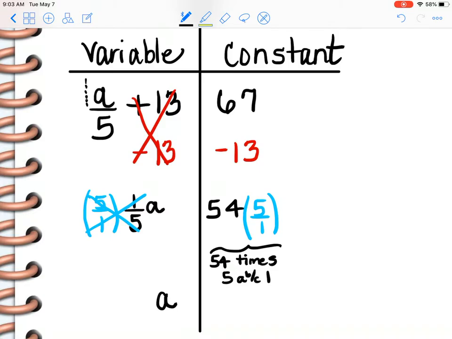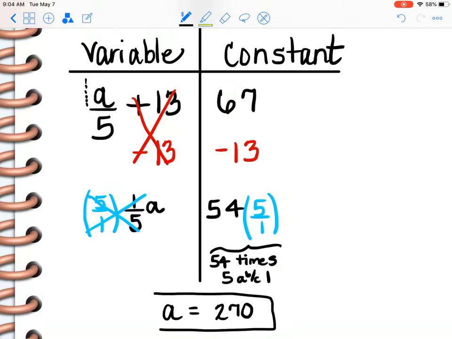And I'm going to do that just to be sure that I'm telling you correctly. 54 times 5 over 1 equals, and your a this time is 270. And that's your solution to this two-step equation.